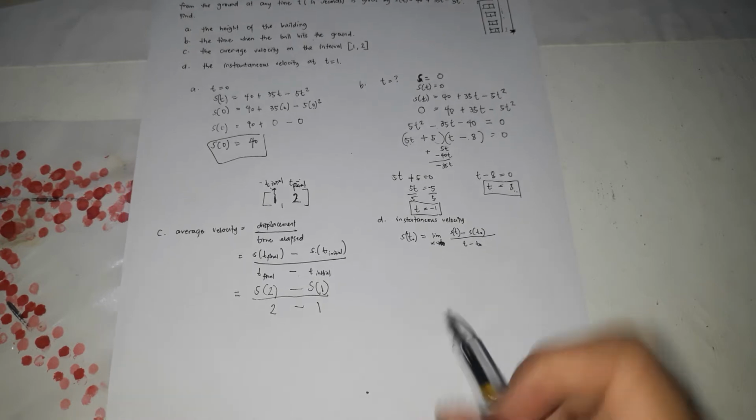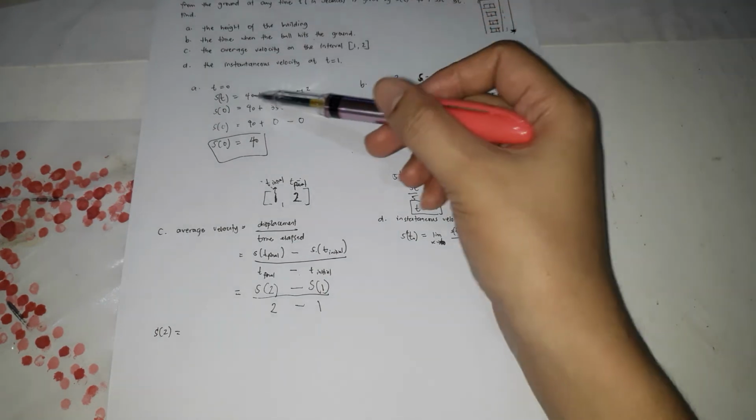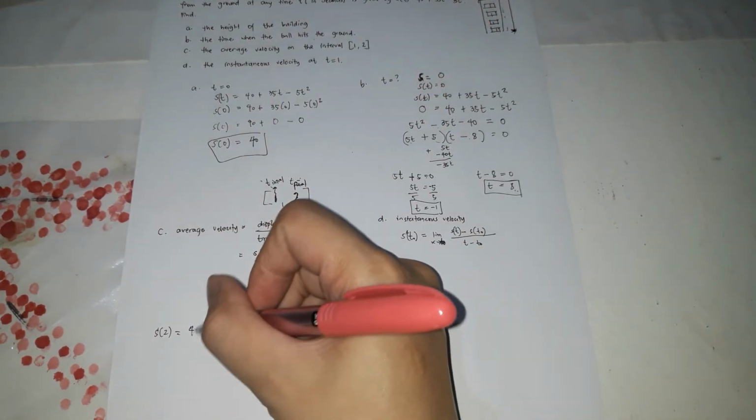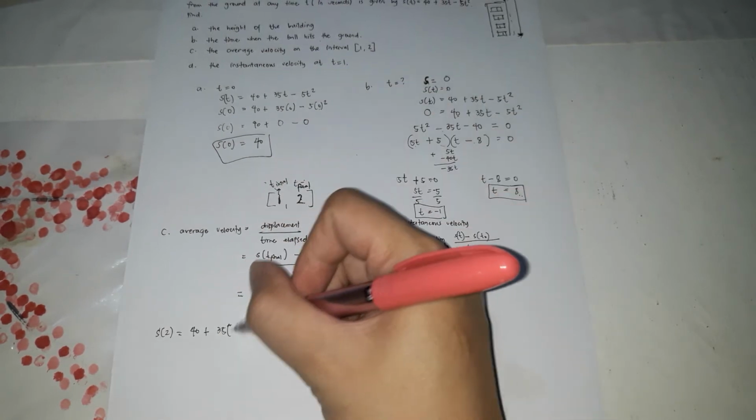So how would we know what S of 2 is? To solve that, the equation is 40 plus 35t minus 5t squared, ang t magiging 2.